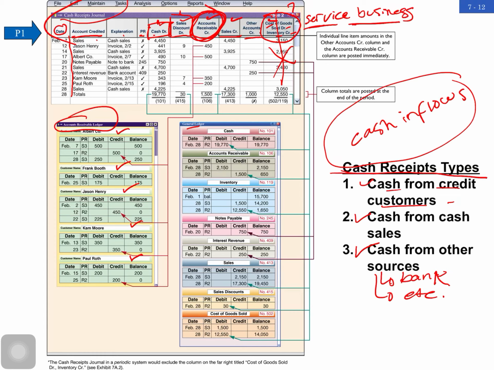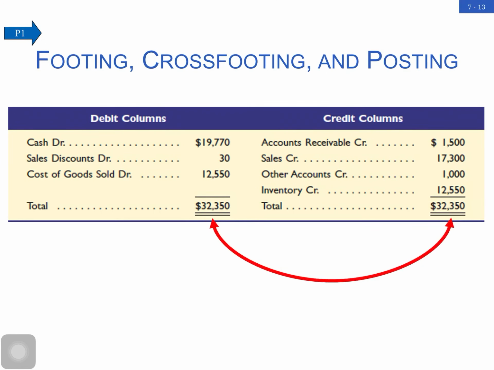Because you have accounts receivable here, you will have the general ledger of accounts receivable and the subsidiary ledger of accounts receivable.